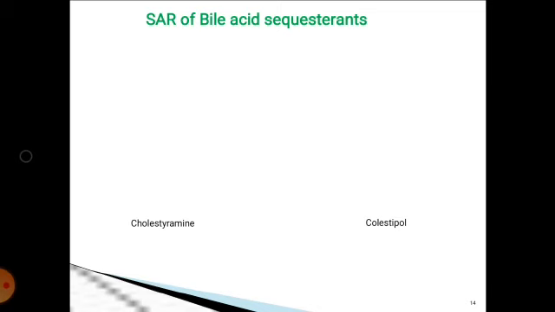Cholestyramine is a copolymer consisting primarily of polystyrene with small amount of divinyl benzene as a cross-linking agent. In addition, it contains some fixed quaternary ammonium groups. These positively charged groups function as binding sites for anions.